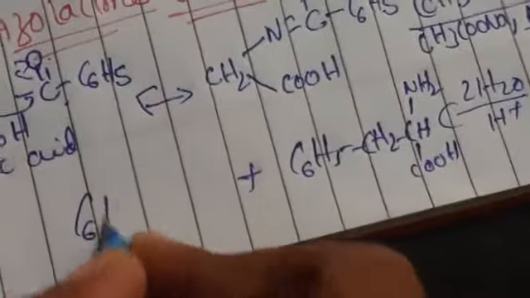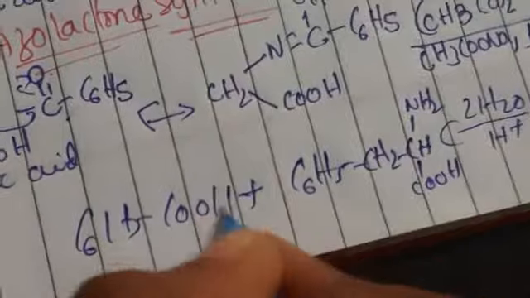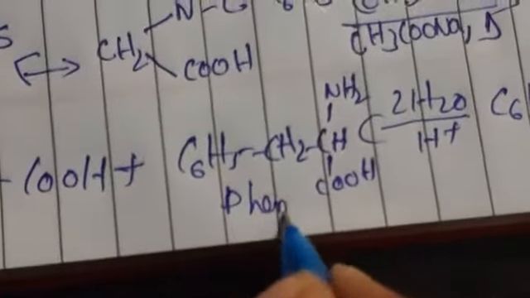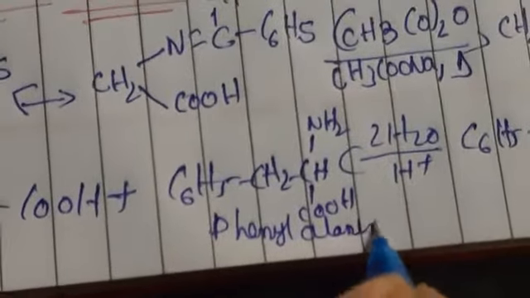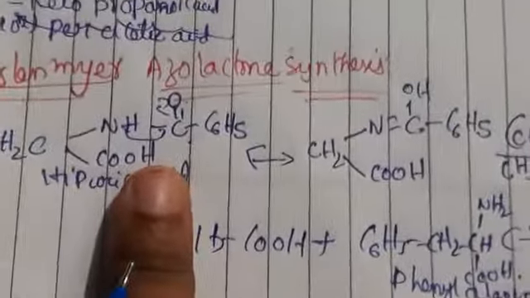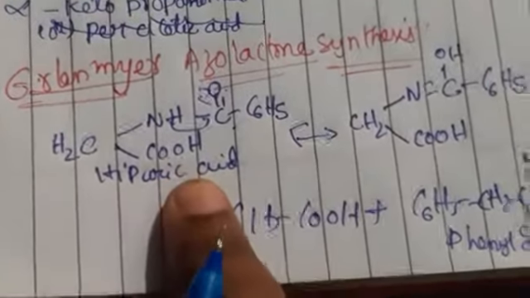So finally the compound is C6H5 CH2 CH NH2 COOH. So this is the amino acid, this is the formula of phenylalanine.